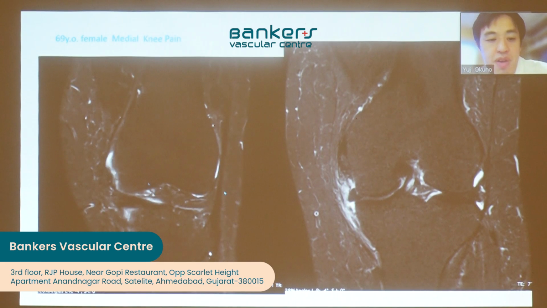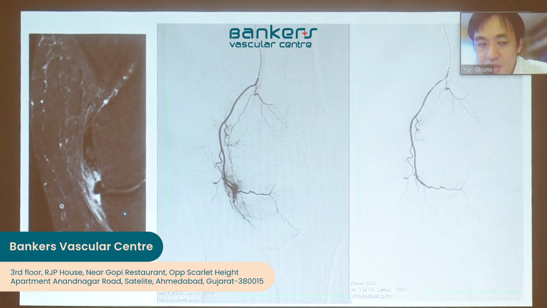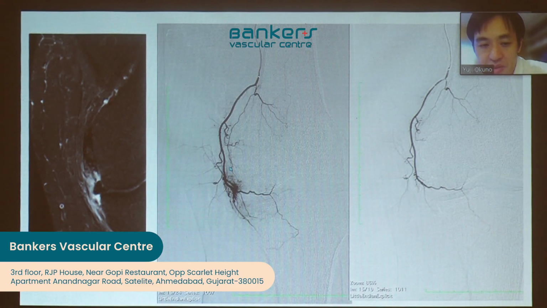We performed angiography and can see the inflammatory neovessels here. After infusion of embolic material, the inflammatory vessels disappear, and this procedure works well. She suffered from many years of medial knee pain, and improved and maintained a good condition for more than several years.